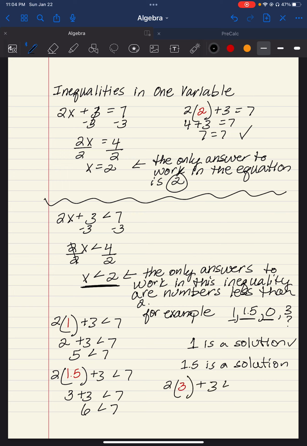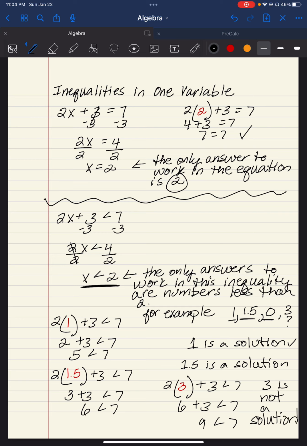Plus 3 is less than 7. 2 times 3 is 6. Look at what happens. 6 plus 3 is 9. 9 is not less than 7. So this is a big no-no. 3 is not a solution in this inequality.